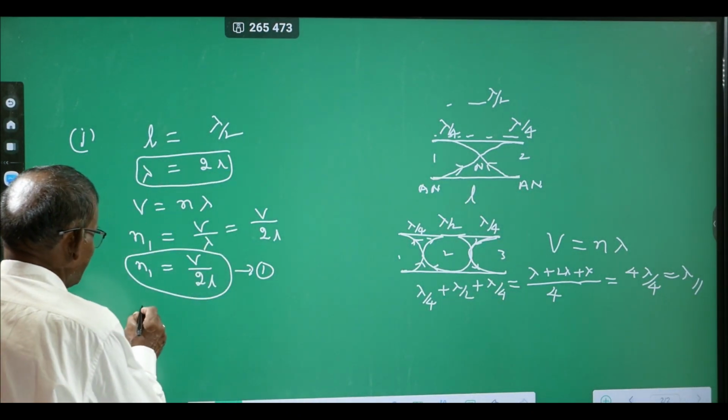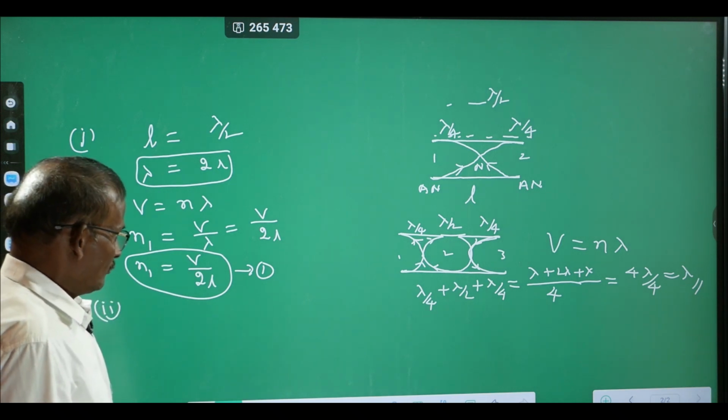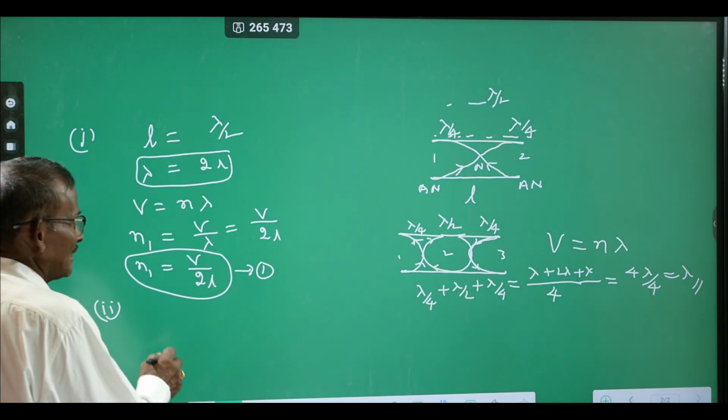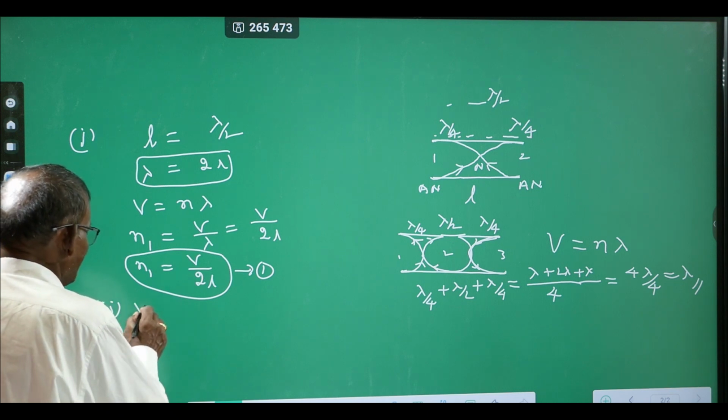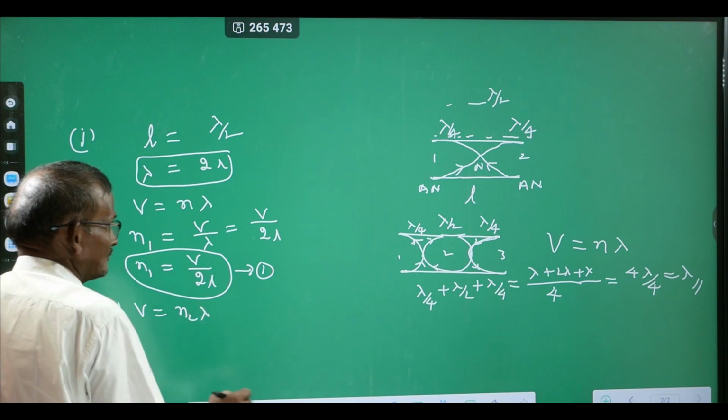So here, for the second overtone, once again V is equal to n2 lambda.